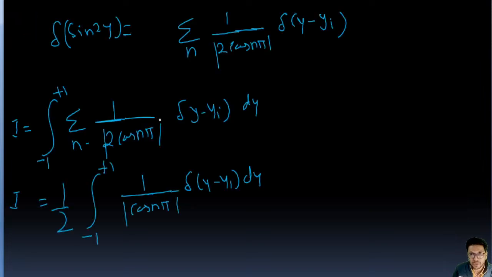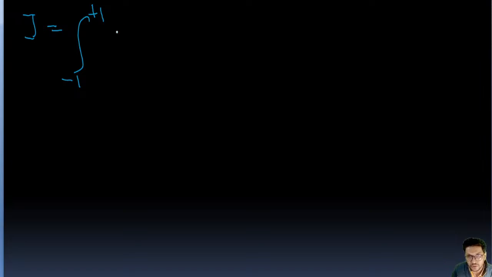Next step is going to be I equals, we'll put the value, integration from minus 1 to plus 1. Here we'll put the value. We'll first put n equal to 0. So for n equal to 0 it is going to be 1 upon cos n pi, n pi is cos 0, cos 0 is 1. Okay, I'll write it, that would be better. It is going to be 1 upon cos 0 mod and then delta x minus 0.